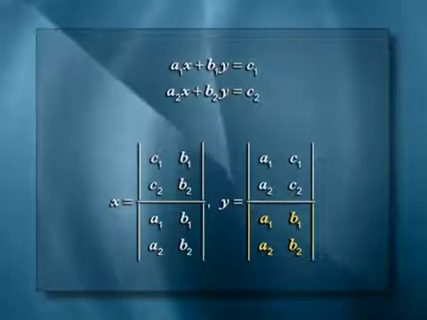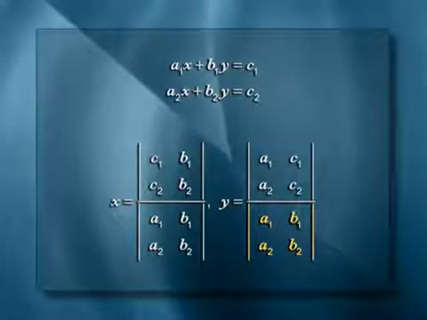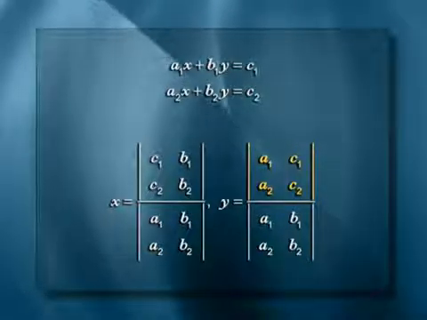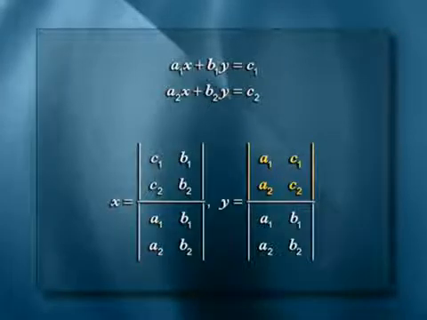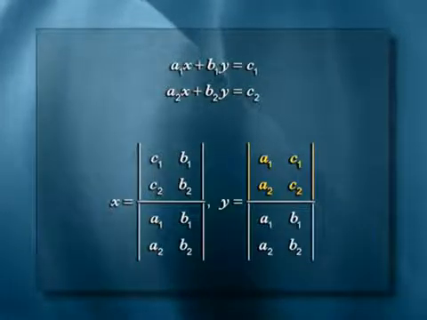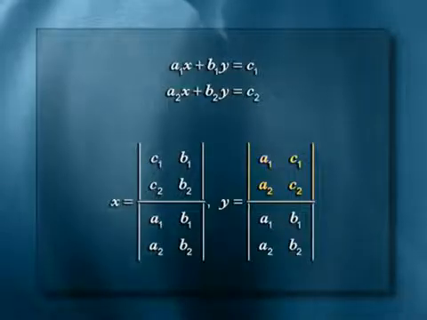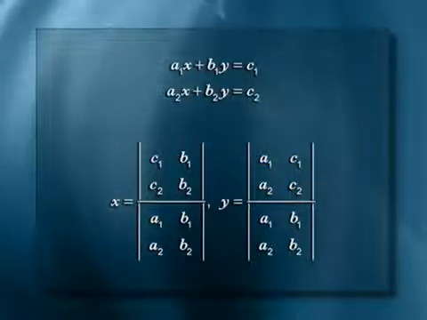Bingo, an explicit formula for x. And y looks almost the same. The denominator, again, is that determinant of the coefficient matrix. The numerator now is slightly different. Because y is the second variable, you replace the second column with c1, c2, and you keep the same first column, a1, a2. So y is also a quotient of two determinants.